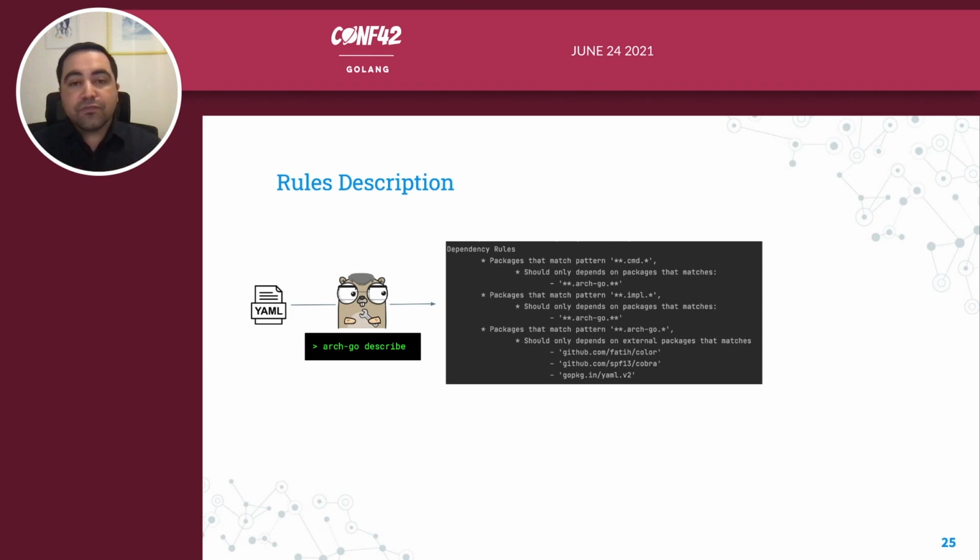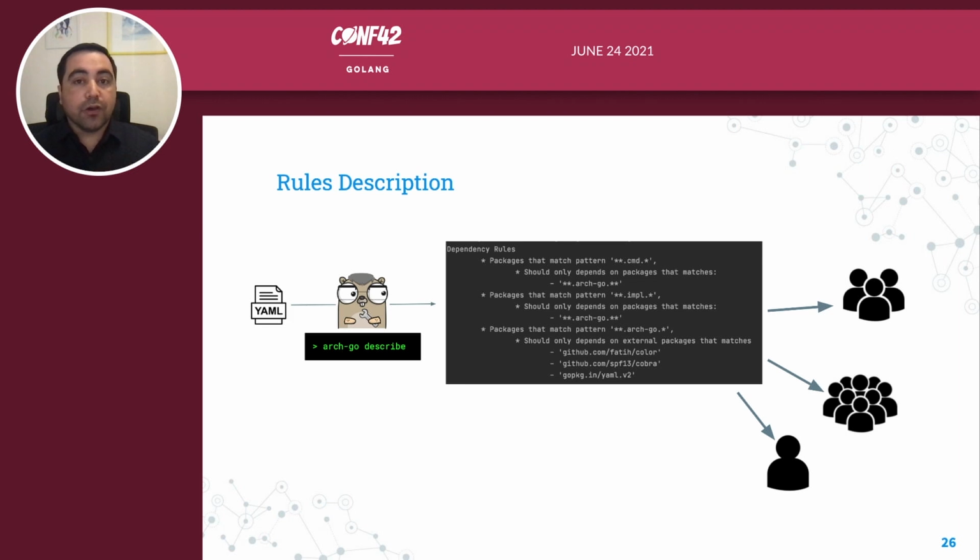So this format is very easy to understand, and we can share this output with other teams, with other members, and maybe with other roles, like a product owner or a business analyst.